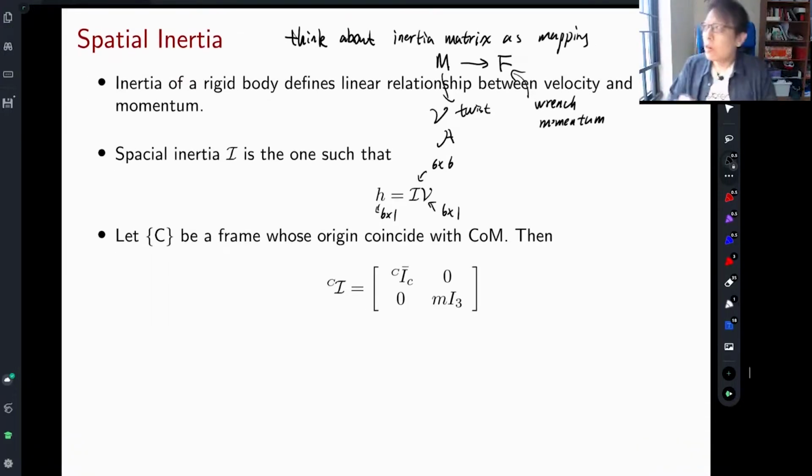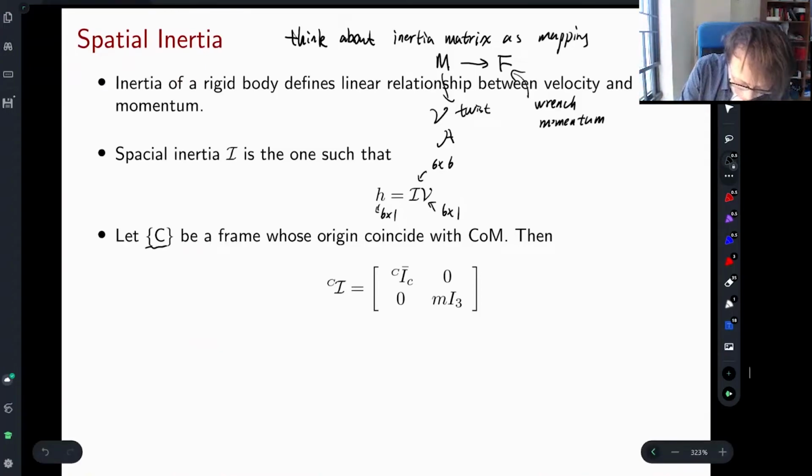And the simplest case to represent this spatial inertia matrix is when the frame coincides with the center of mass. So let's think about this special case. Let C be a frame whose origin coincides with the center of mass.